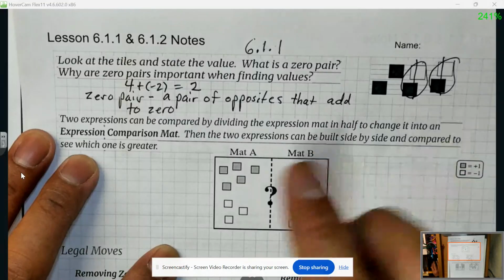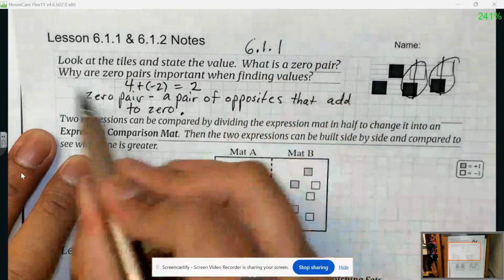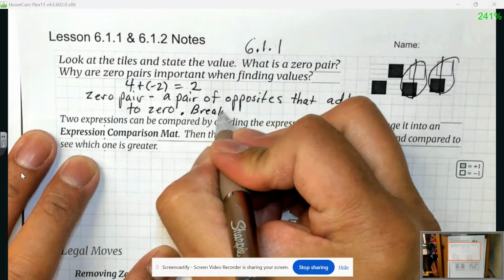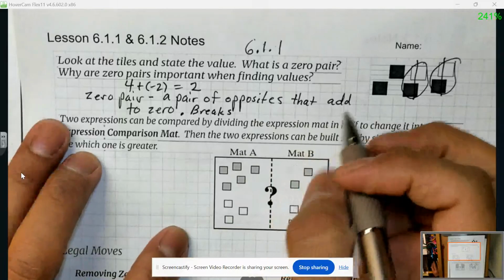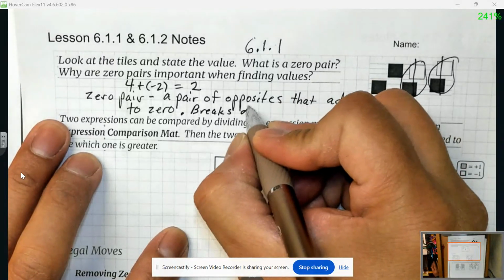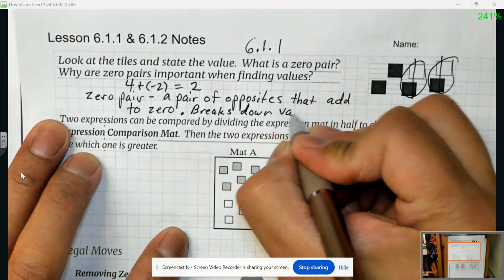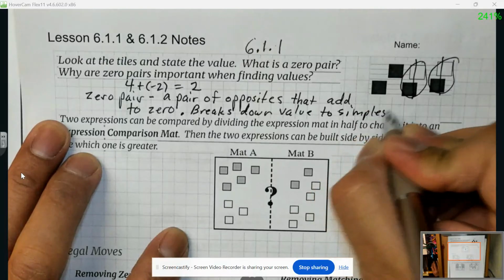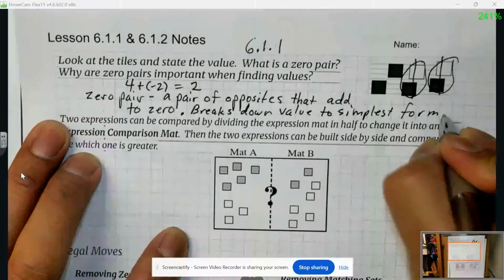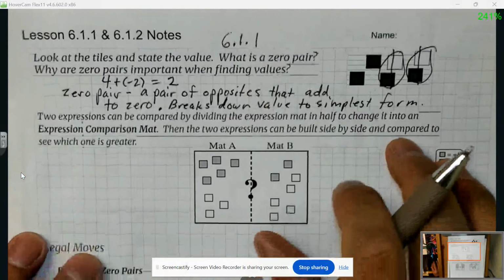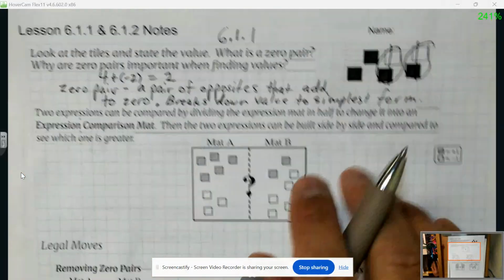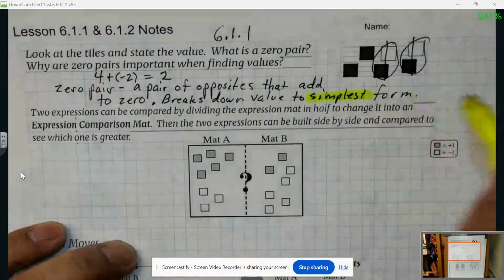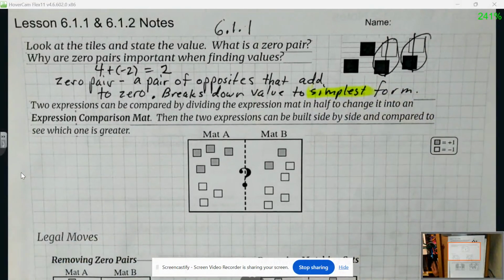Either way it does the same thing. So the importance of the zero pair is that it breaks down the value to its simplest form. And that's our goal, to break things down into the simplest form possible so that we can solve problems a little bit more easily.